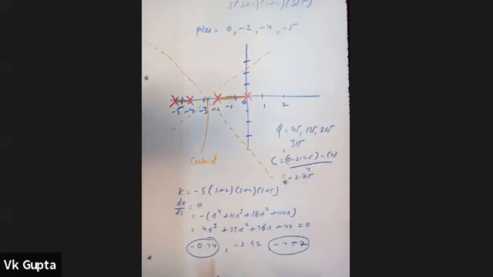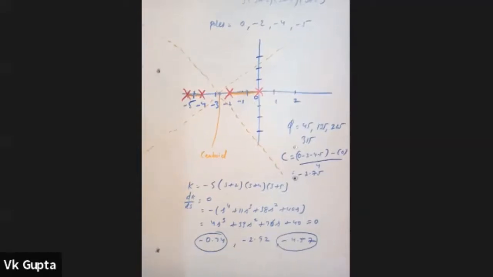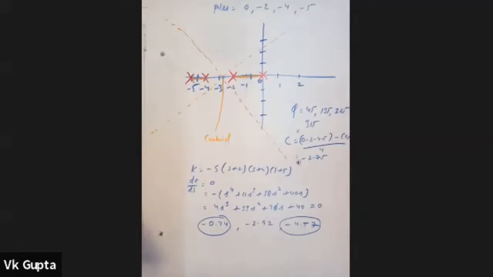Now the angle of departure is not required because all the 4 poles are on my real axis. So this step is not required, and we directly go for intersection with the imaginary axis.